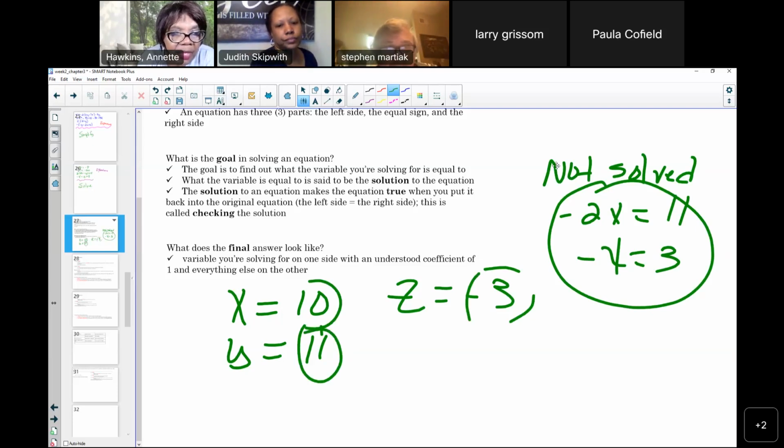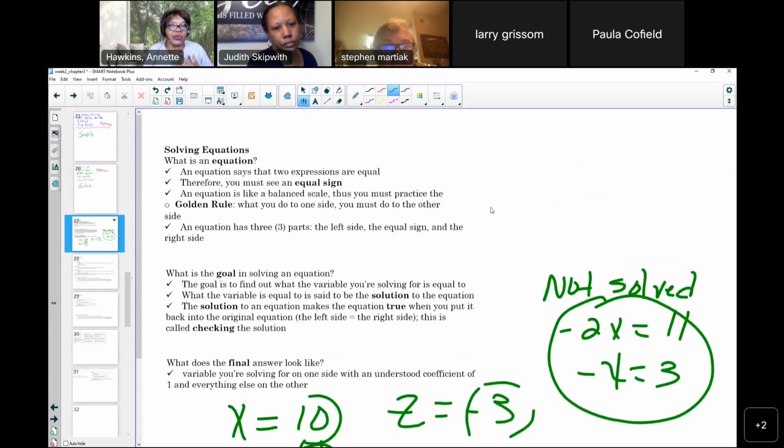Okay, so let's stop. We're going to be solving equations. An equation is like a balanced scale, and we have to keep it balanced at all times. To keep it balanced, we practice the golden rule: what you do to one side, you have to do to the other.